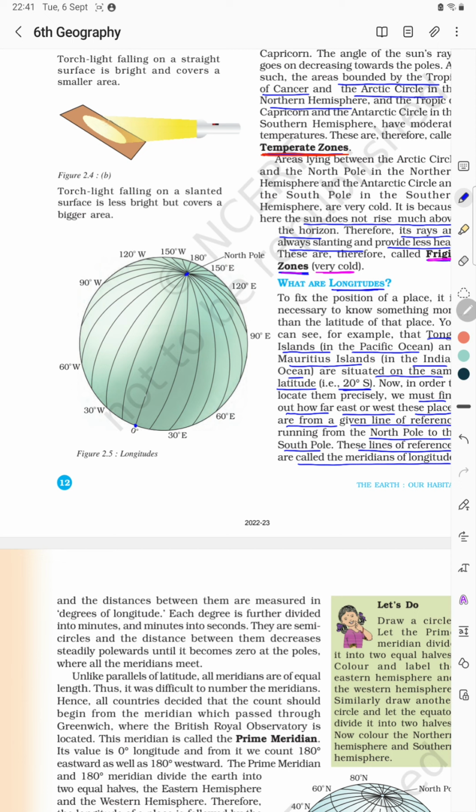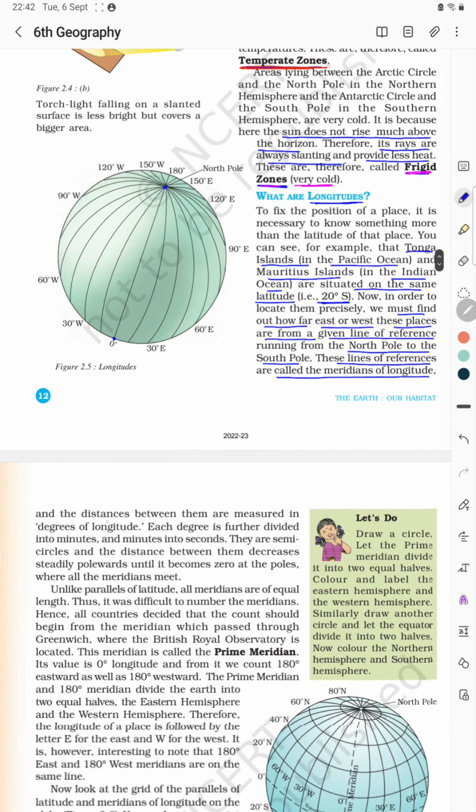These imaginary lines are known as meridians of longitude, and the distance between them is measured in degrees of longitude, as we have seen in the case of latitude. Each degree is further divided into minutes and minutes into seconds. This we will discuss in detail when we learn about time zones.